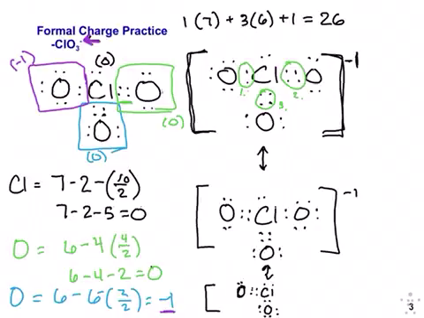So not only did you have to change the structure based on the formal charge information you gathered, you also had to account for the different possible locations for that single bond.